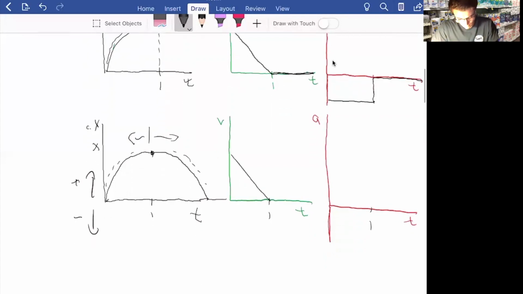So velocity, the first part is positive until we get to 1 second, and then our car reverses, right? And this also makes sense because at 1 second, our car stops, so we have a velocity of 0, okay? And it reverses, and all of a sudden we have a negative velocity, just like that, okay?